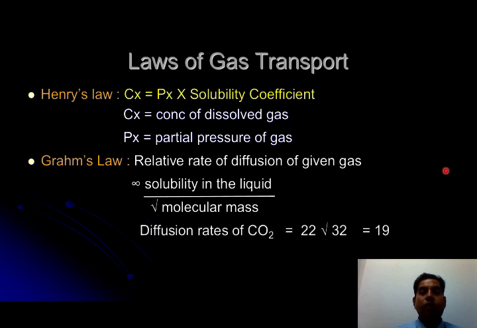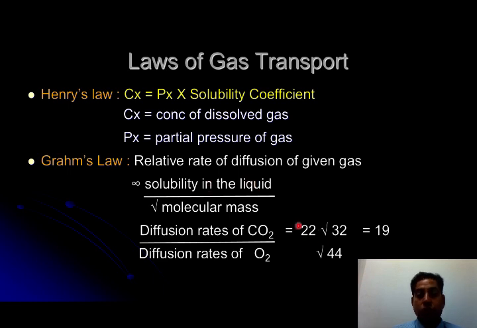So you have the diffusion rate of carbon dioxide and the diffusion rate of oxygen. If you compare the two, you have the diffusion rate of carbon dioxide, which is directly proportional to the solubility, which is 22. So it not only depends on the solubility alone, because if it only were so, the rate of diffusion, carbon dioxide would be 22 times more diffusible than oxygen.